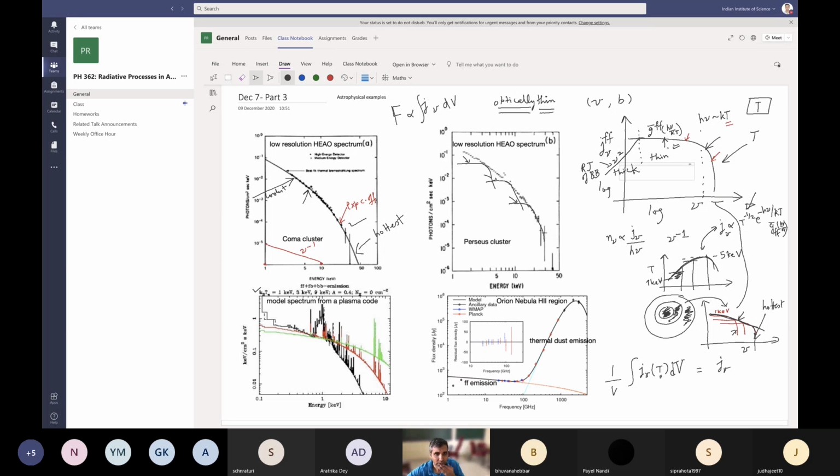Okay, so indeed the galaxy clusters are optically thin, so you do see this nice bremsstrahlung. Otherwise you would have seen something like this, right? So this is nu squared divided by nu, so nu to the +1.